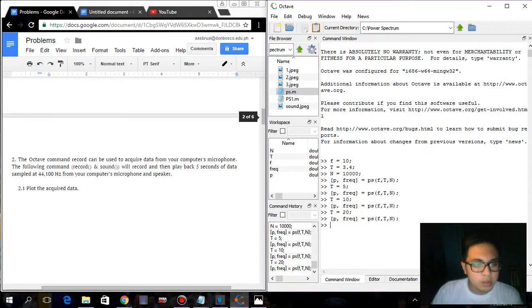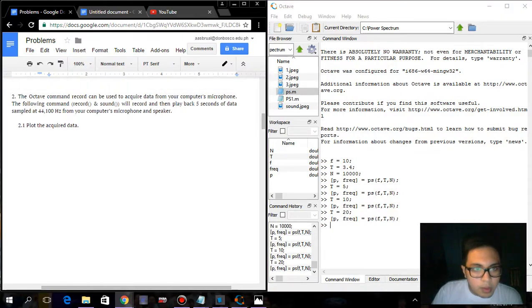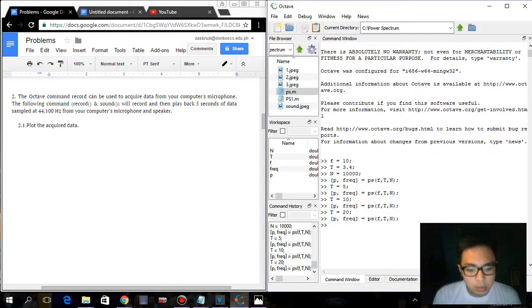Now moving on to number 2, we are to record and then play back 5 seconds of data sampled at 44,100 by using the record function and the sound function. So we are to record: let y equal record of 5 seconds.